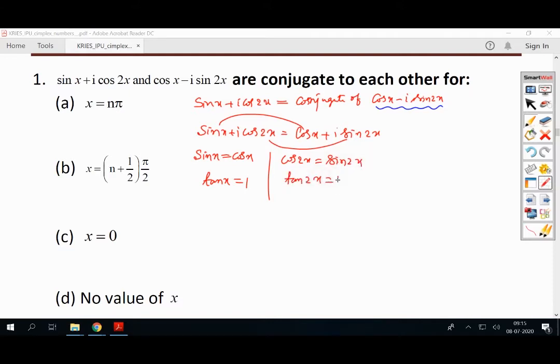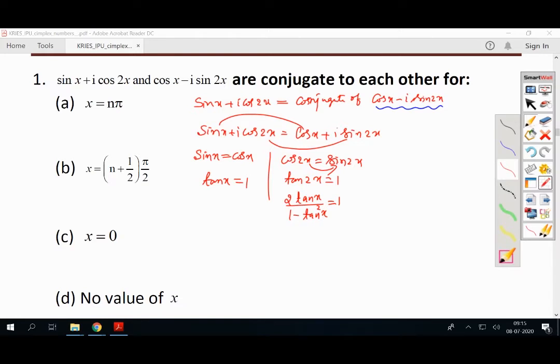Now tan 2x I am going to write in the tan x form. Use the formula: it is nothing but 2 tan x divided by 1 minus tan squared x, and it is equal to 1. Here they have given you the value of tan x. So what is the value of tan x you are getting? tan x is nothing but 1.